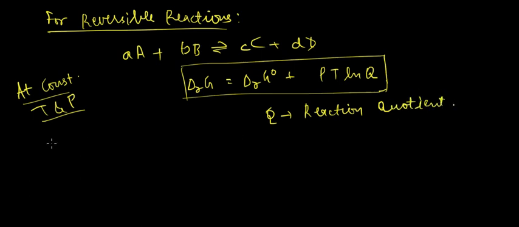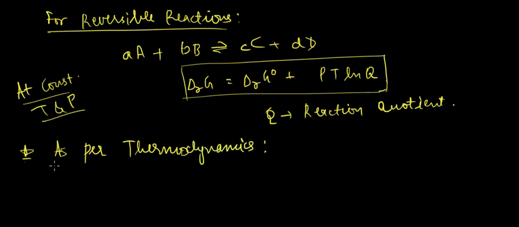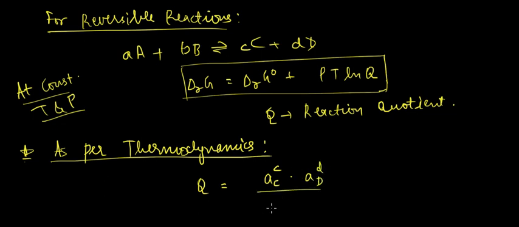And as per thermodynamics, we would have Q as a_C to the power c, which is nothing but the activity of C to the power c, times a_D to the power d, divided by a_A to the power a and a_B to the power b.